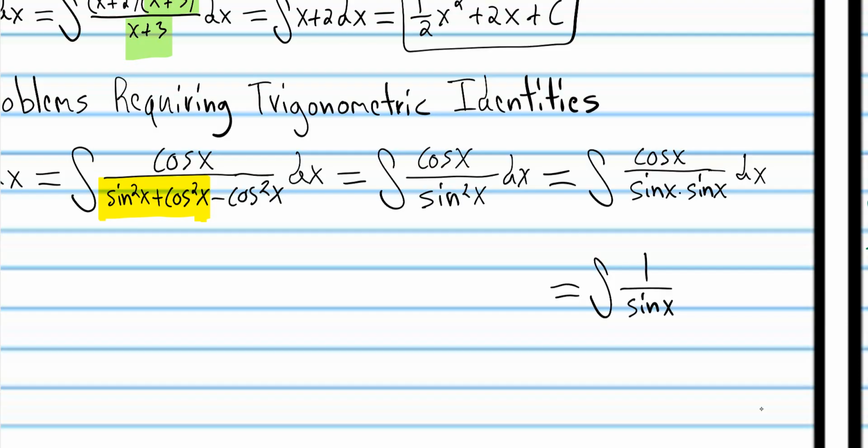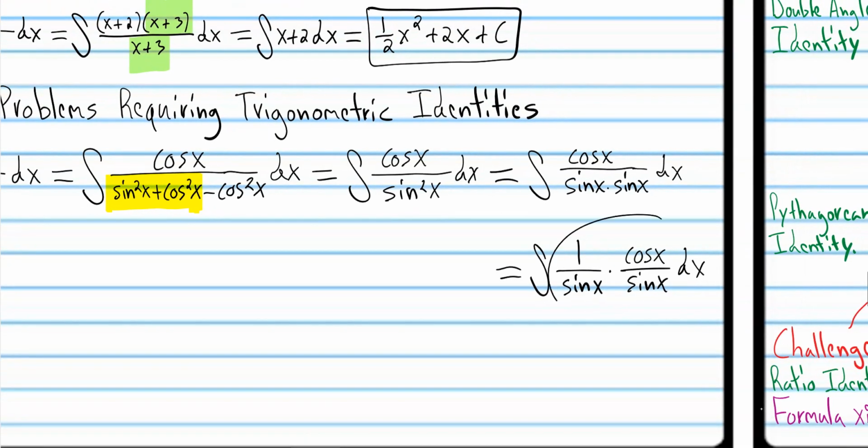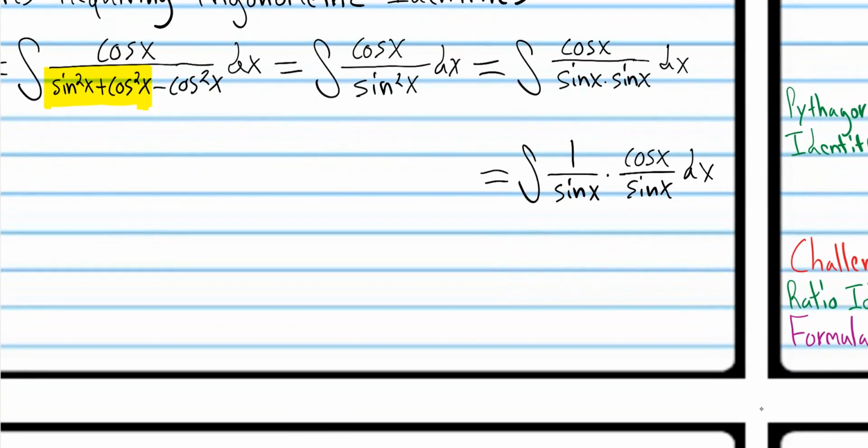We can factor out 1 over sine x, that is, to be clear. Now, if you don't know how you can do that, well, you're multiplying 2 fractions. And whenever you multiply fractions, of course, you know that you just multiply the numerators, and then you multiply the denominators. And so these are just things that you're going to have to be comfortable with.